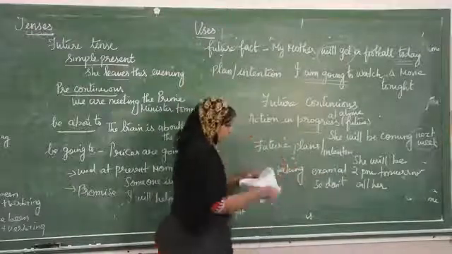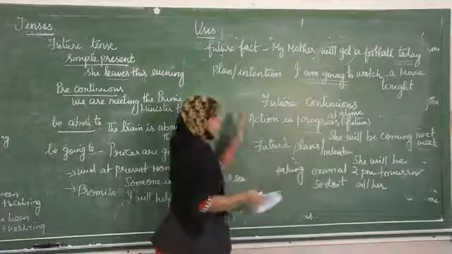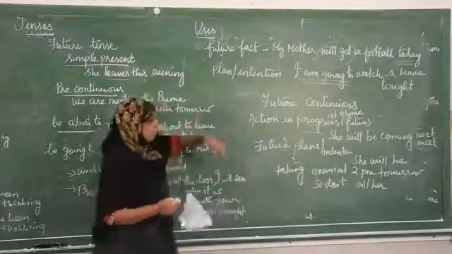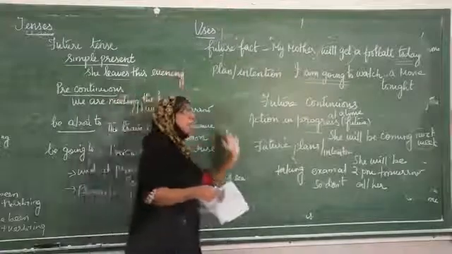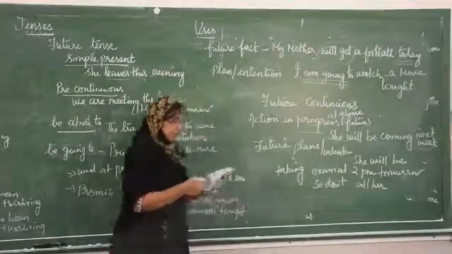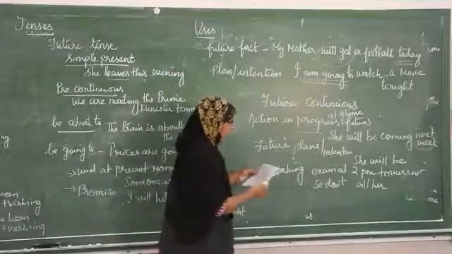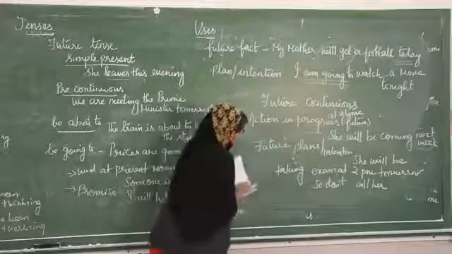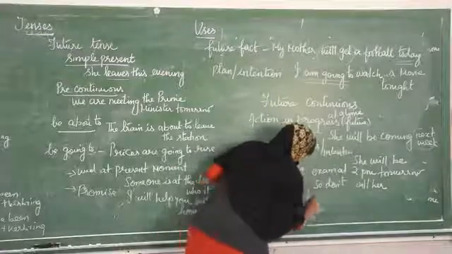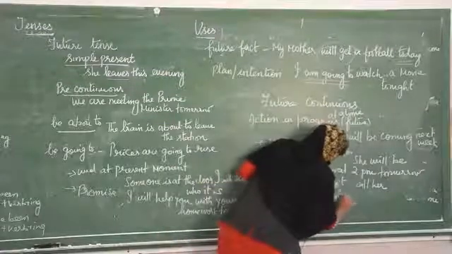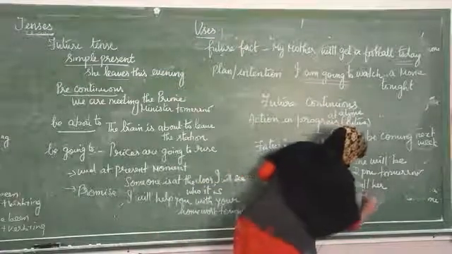Future plan or intention. Then interrupted action. What is that interrupted action? The action will be going on in the future, but it has been disturbed. For example, I will be waiting for you when you arrive tonight.